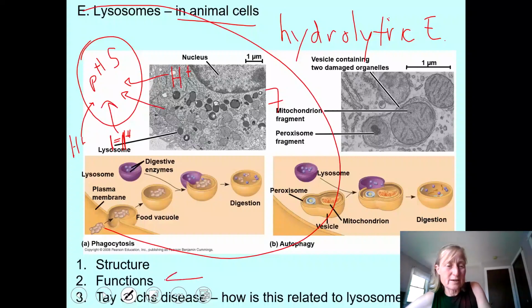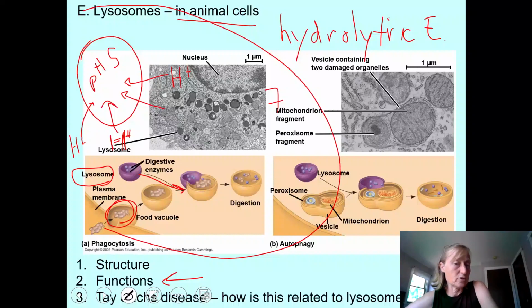Some of the functions of a lysosome, well, you can probably imagine, they do the job of digesting things. So sometimes in some organisms, an organism will take in food in a vacuole, and the lysosome will sidle up to that food vacuole and release its enzymes and digest the food, making it a source of nutrition for the animal, for the cell. Sometimes the lysosome helps to break down old, used parts inside the cell.